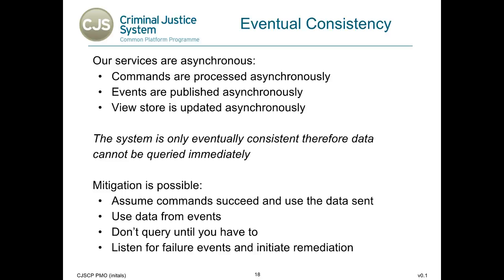So commands are processed asynchronously. Once we've accepted them in the command API layer, they get passed down via message queues, so we have no control at that point on when they're actually going to be processed. The client is just left knowing that the system accepted the command and that at some point in the future it will be processed.